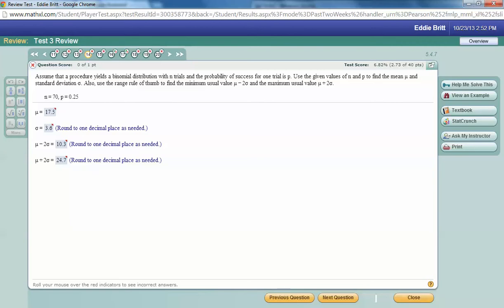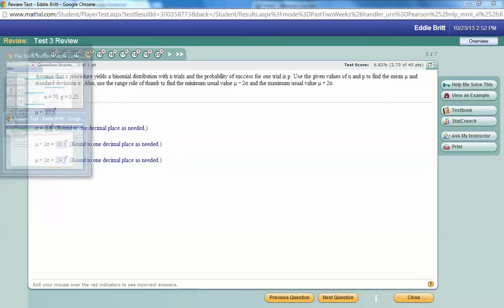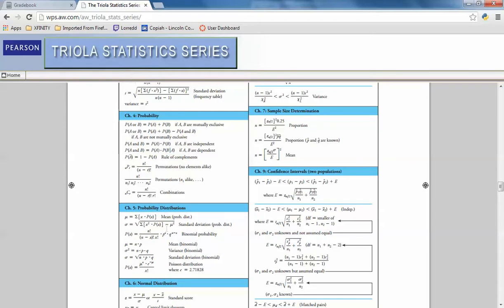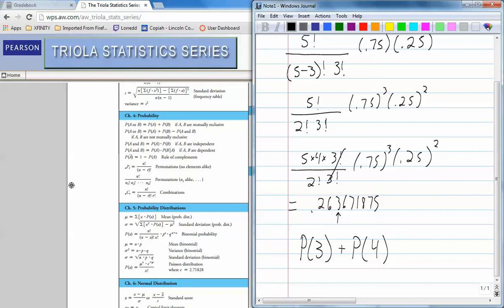Alright, so the formula for the mean of a binomial distribution should be on your formula sheet. Here's the formula sheet. The mean of a binomial distribution, mu, is equal to n times p.